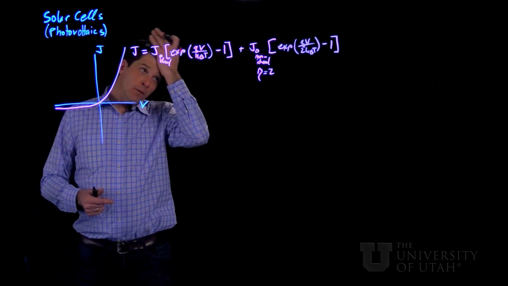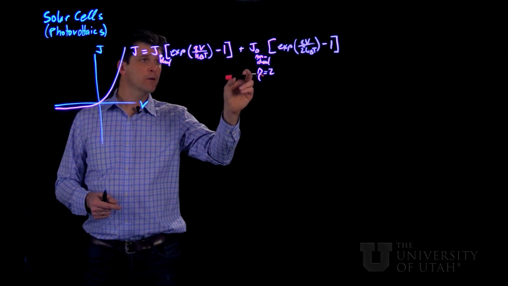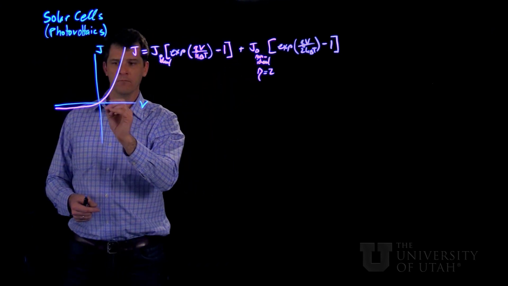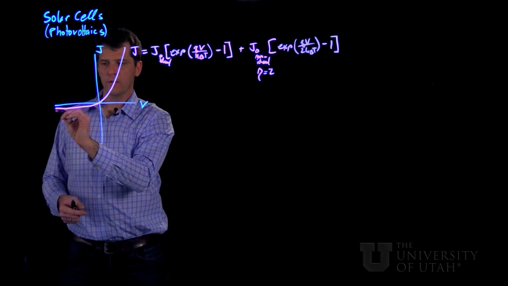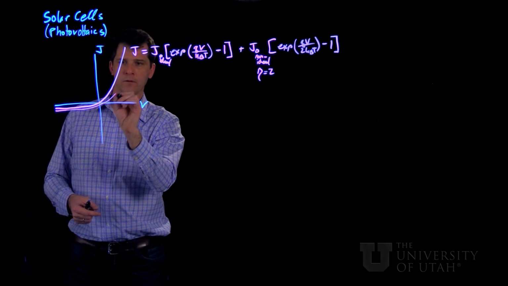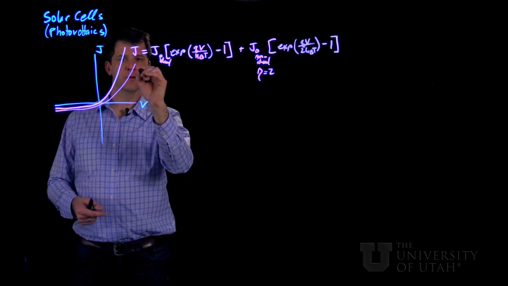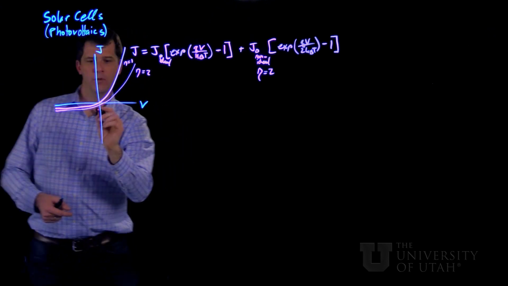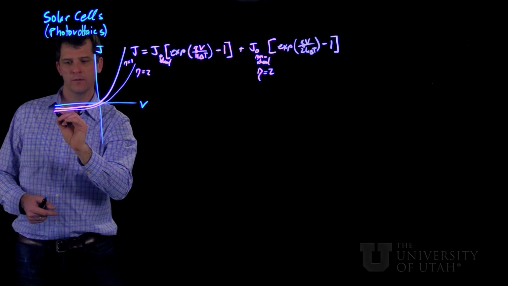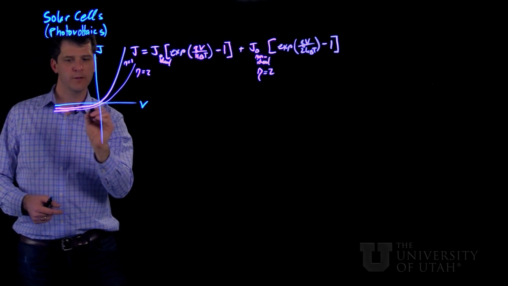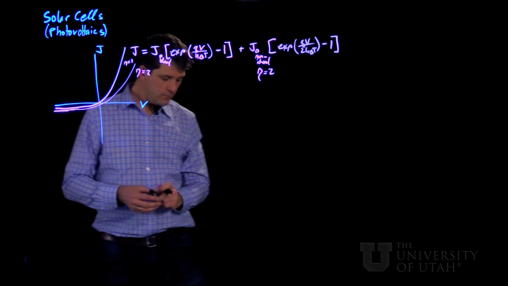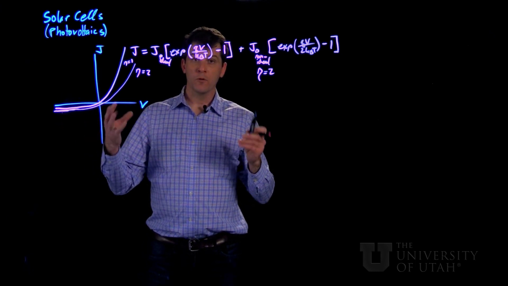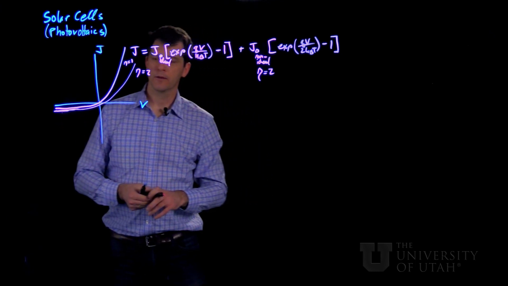So the current in this case is lower, so the JV curve becomes softer in the forward direction, but it actually becomes larger in the reverse bias direction, meaning that there's more leakage current in the reverse bias direction.